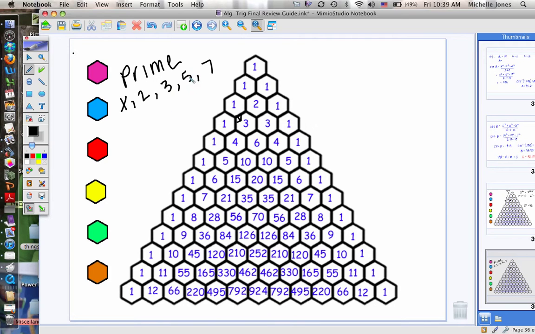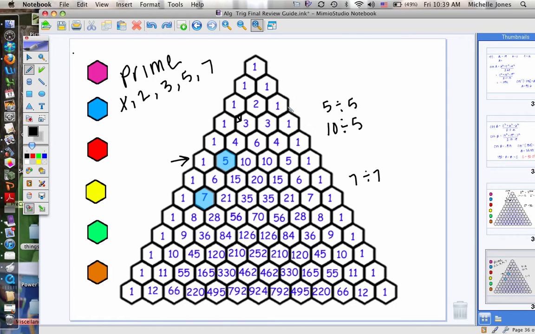Let's look at 5, for example. For a prime number, if you go to that row, so row 5, it means that every number in that row can be divided by 5. 10 divided by 5 is 2, 5 divided by 5 is 1. So it works. Let's look at another row. Row 7. 7 is definitely prime. Well, what's 7 divided by 7?